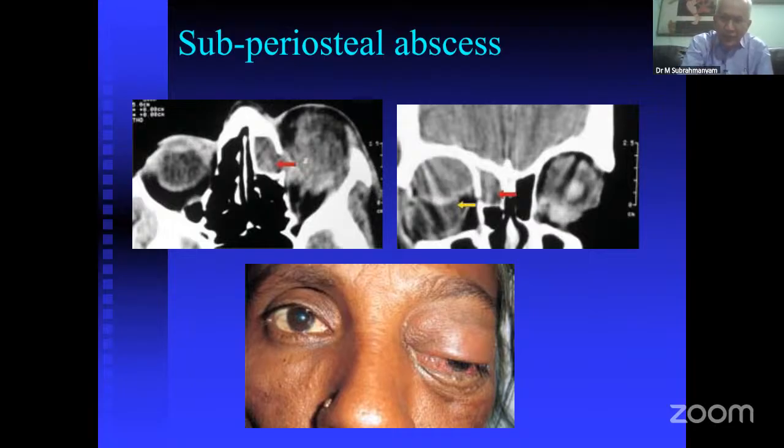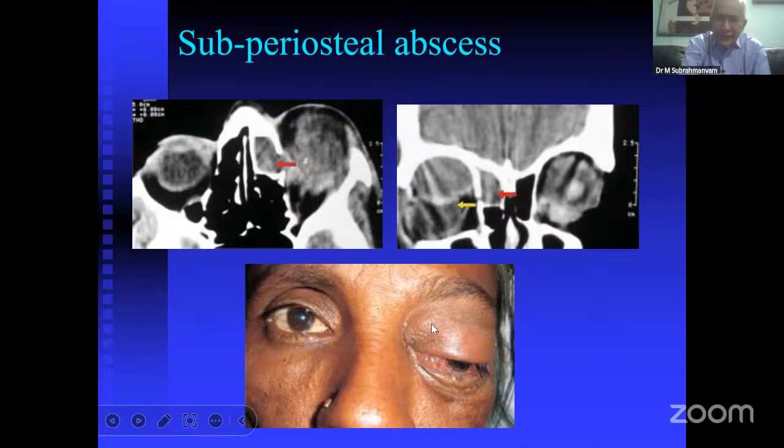So subperiosteal abscess usually occurs following infection of the sinuses, either a frontal sinus or an ethmoidal sinus. Here you can see that there is an infection in the anterior ethmoidal sinus, and the wall is breached, and the pus is entering, and it has accumulated here, and there is subperiosteal space.